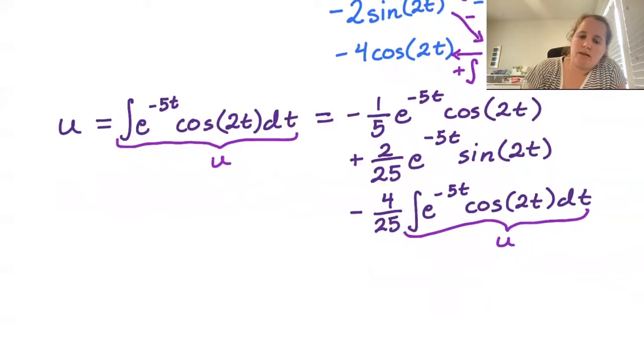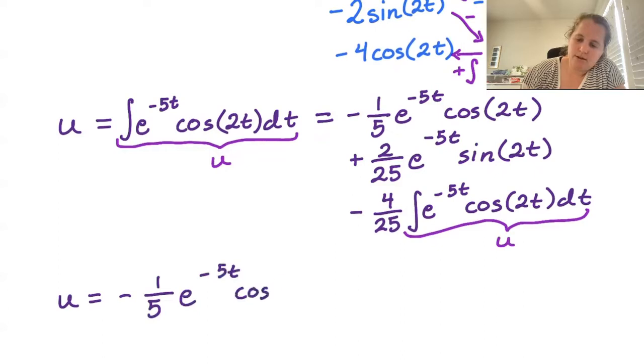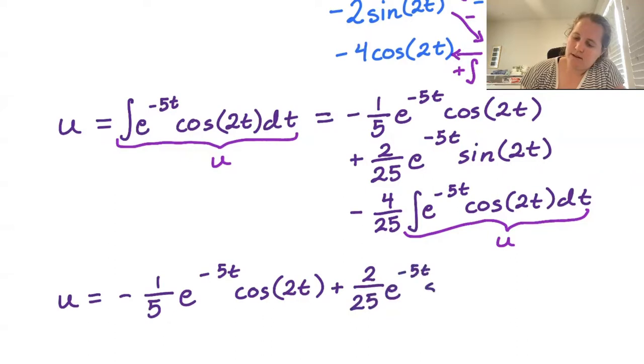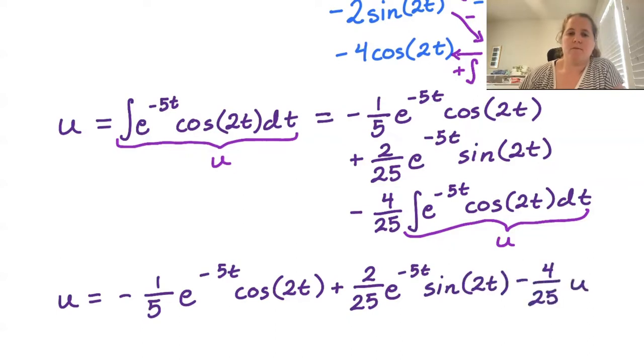So what we're really looking at is u is equal to negative 1/5 e to the negative 5t cosine of 2t plus 2/25 e to the negative 5t sine of 2t minus 4/25 u.